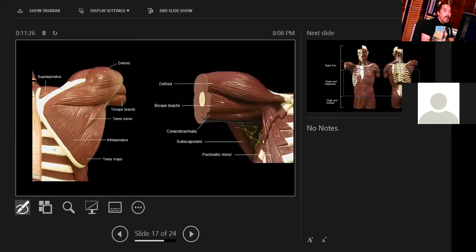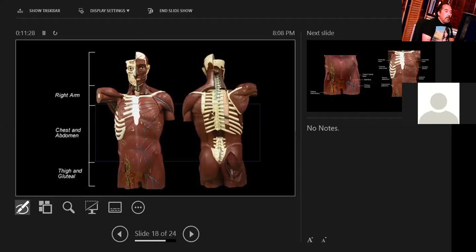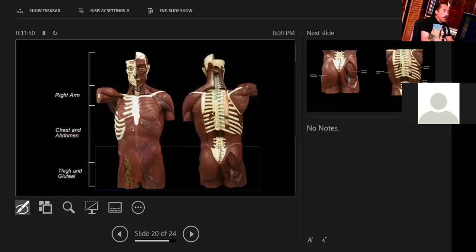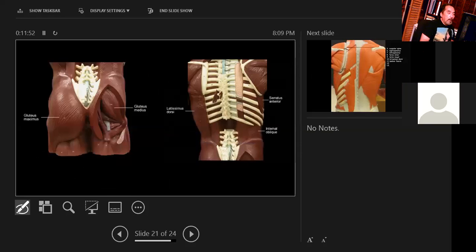Okay, so pectoralis major muscle still attached here, rectus abdominis, and obliques to the side. Okay, rectus abdominis in the middle, and they call it external oblique because look at the fibers, lateral to medial going down. All right, so here lower, we see the latissimus dorsi.